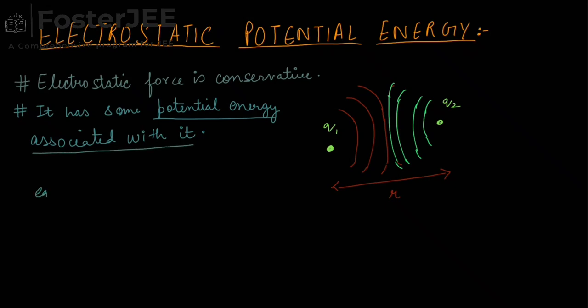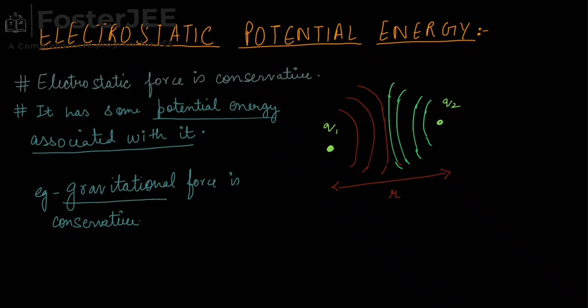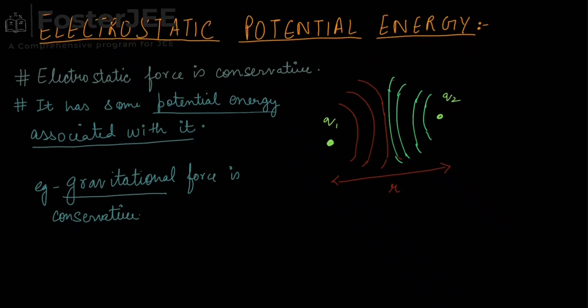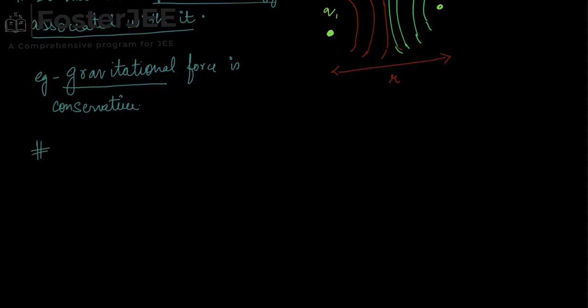For example, gravitational force is conservative. So, we know that gravitational force is conservative and hence we are able to define gravitational potential energy. In a similar way, we will define electrostatic potential energy.